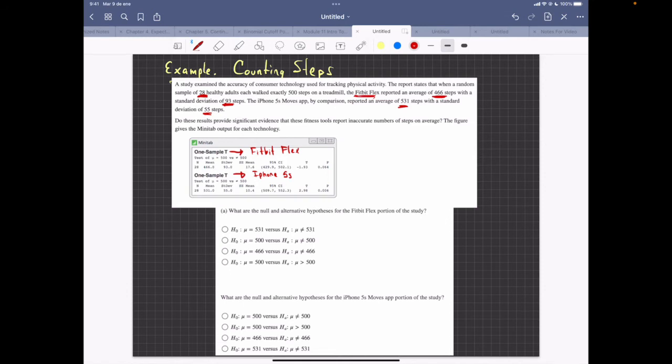So first, again, it doesn't say anything as to how to set up the alternative. We don't have the population mean, we have the sample mean, right?